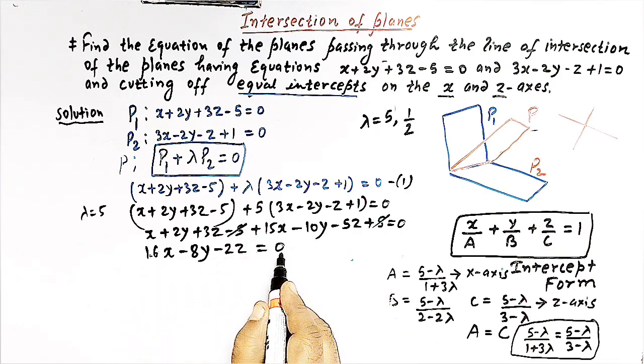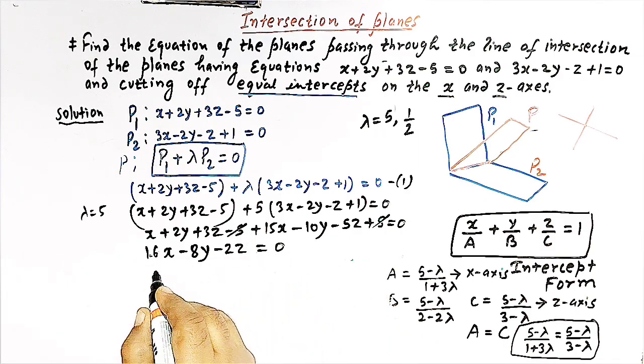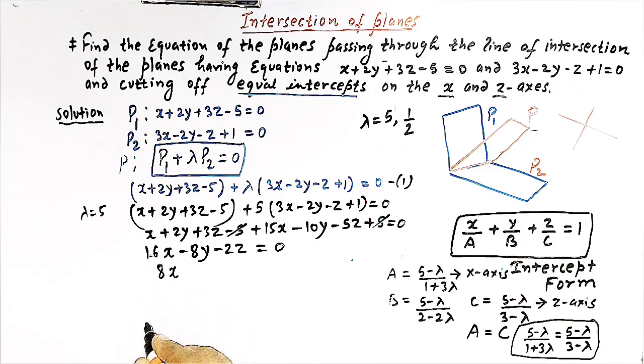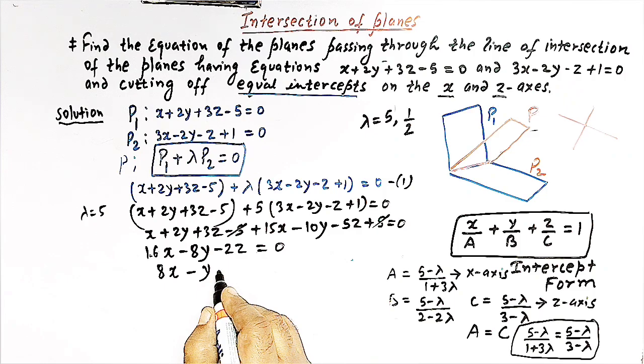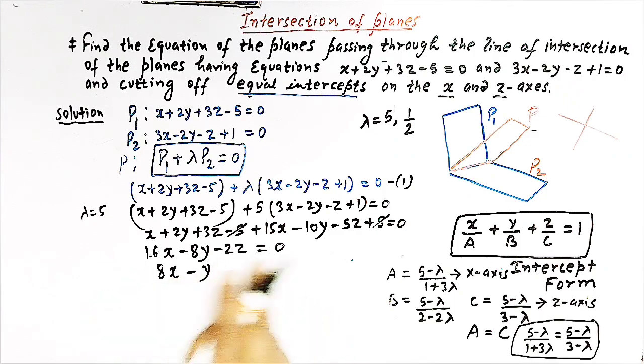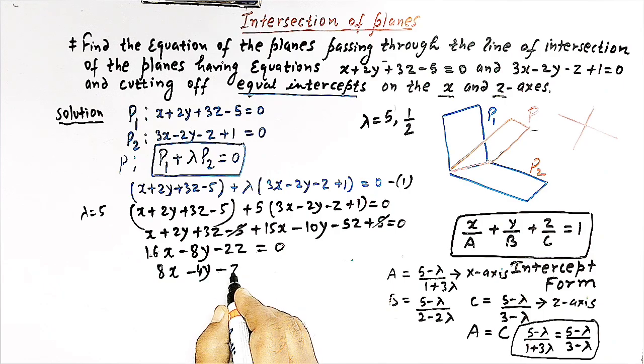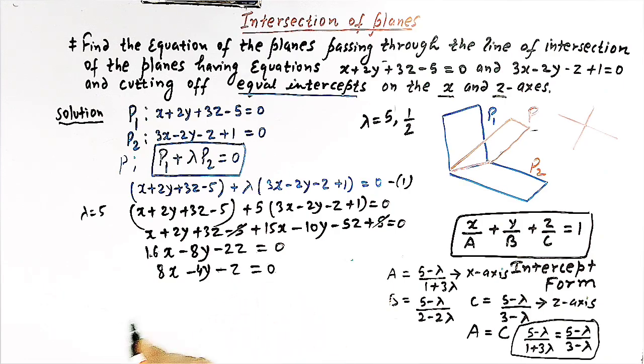So let us divide throughout by 2. So we have here 8x, then we have here minus 4y, and here dividing both sides by 2, minus z, and this is equal to 0.